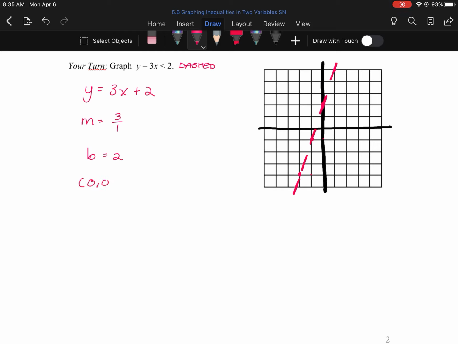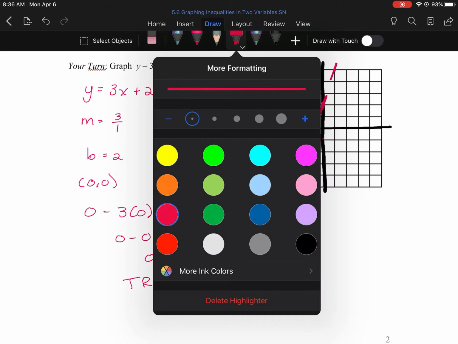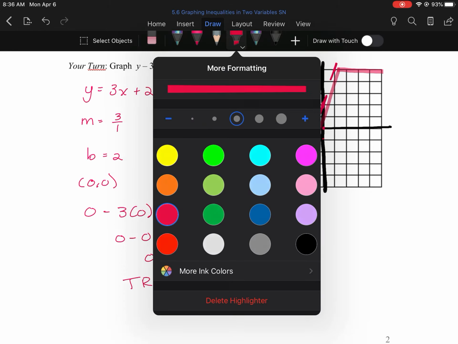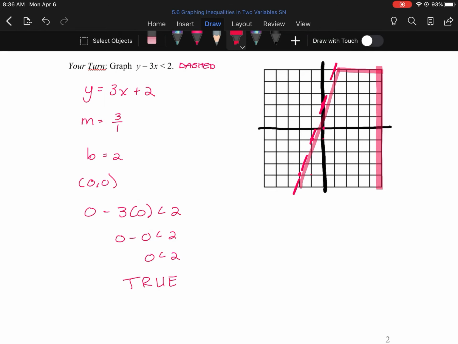There's my dashed line. I'm going to pick the test point 0, 0. So 0 minus 3 times 0 is less than 2. 0 minus 0 is less than 2. 0 is less than 2. Hey, we finally have our first true one. So since 0, 0 is here, and that's true, I this time want to shade the side that has 0, 0 in it, because that is my true side.